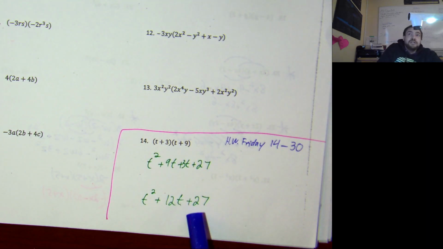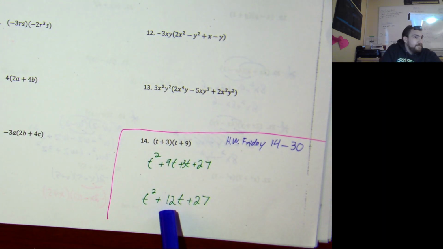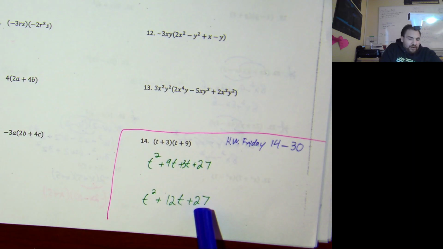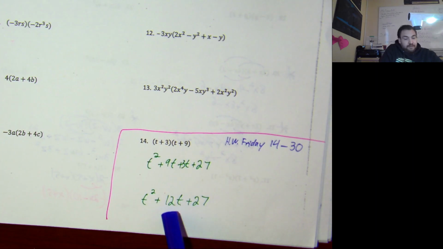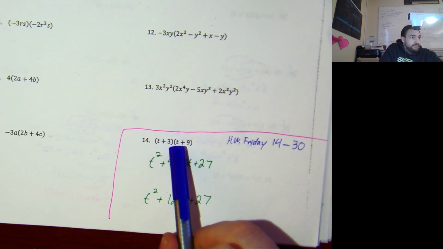I want to find two numbers that multiply to 27 and add to 12. All of the numbers that multiply to 27 are 1 and 27 and 3 and 9. Does any combination there add to 12? 3 and 9 add to 12. So that's what's going to give us these binomials here.